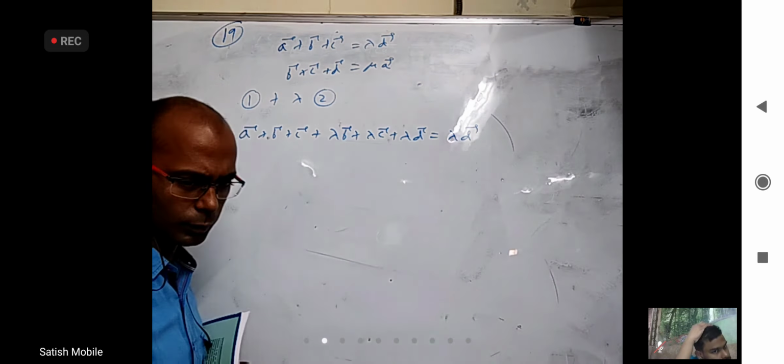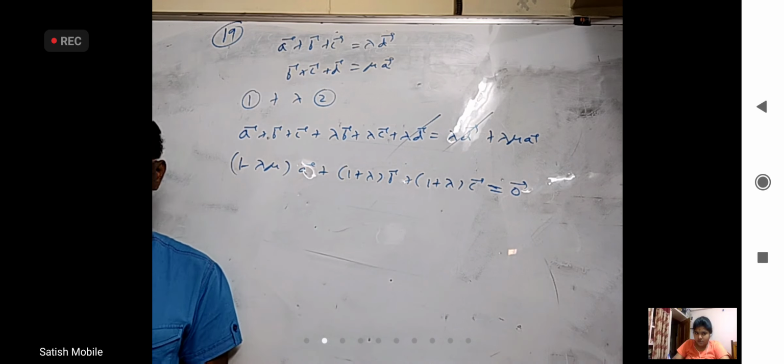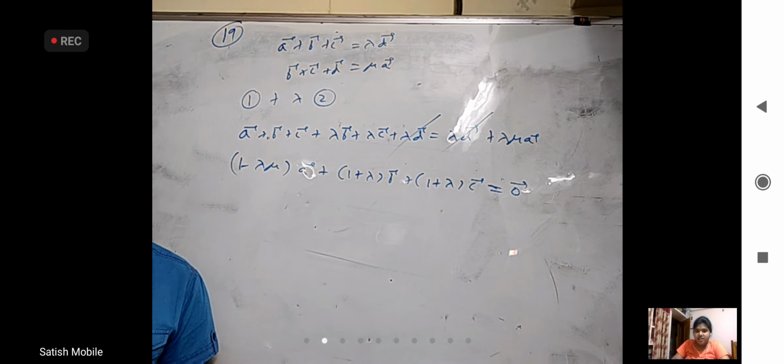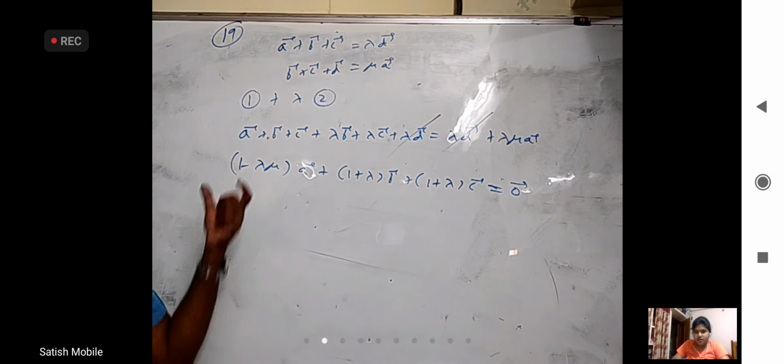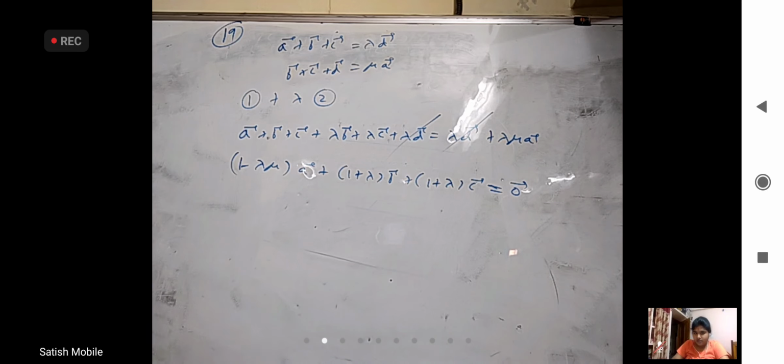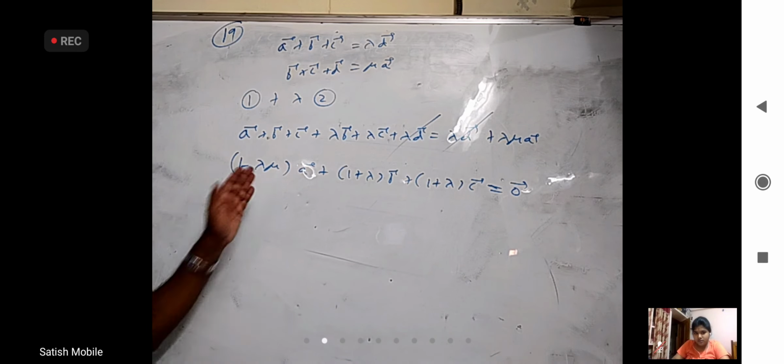For three non-coplanar vectors, can we express a linear relation between them like this? When is that possible? All coefficients must be 0, because only when they are coplanar can we find a linear relationship between them. If they are non-coplanar and you still find a relation, it means all of the coefficients must be 0.